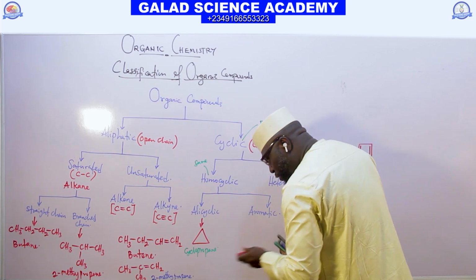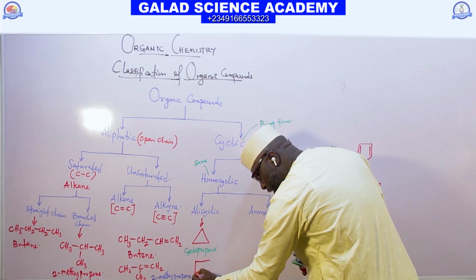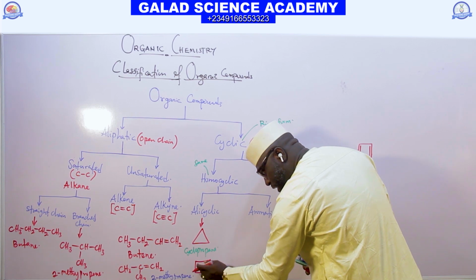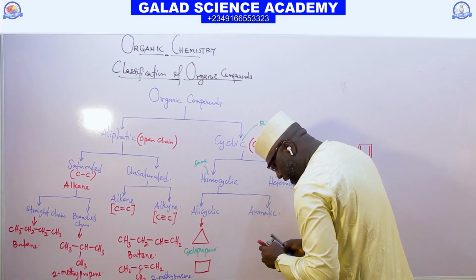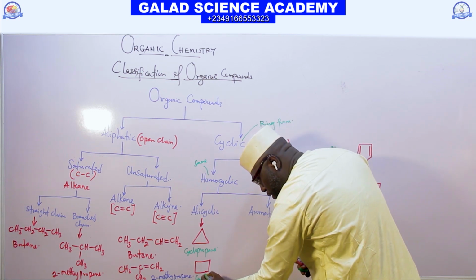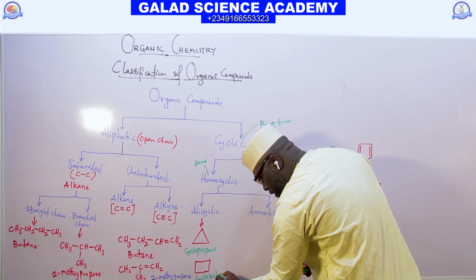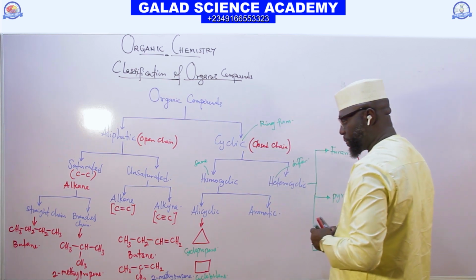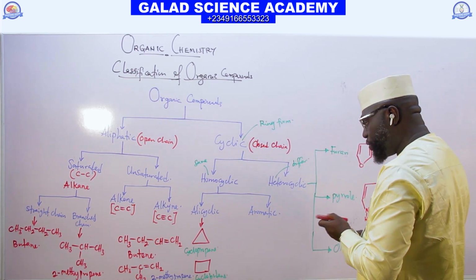In this case, how many angles does it have? 4. You call it cyclobutane.